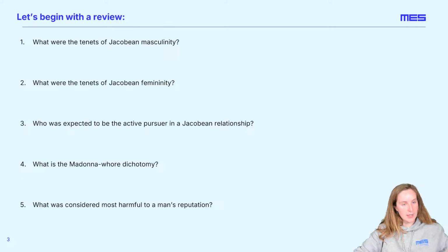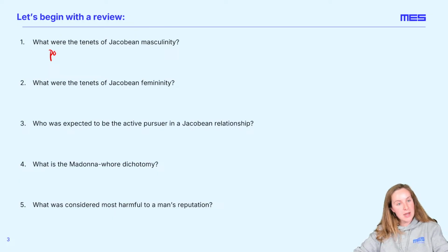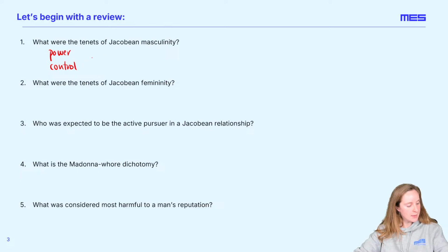So let's have a think. Masculinity, what did this look like in the Jacobean era? Well, there were these ideas of power and of control, with having to do with defining who you were as a man, as well as dominance, physical strength.